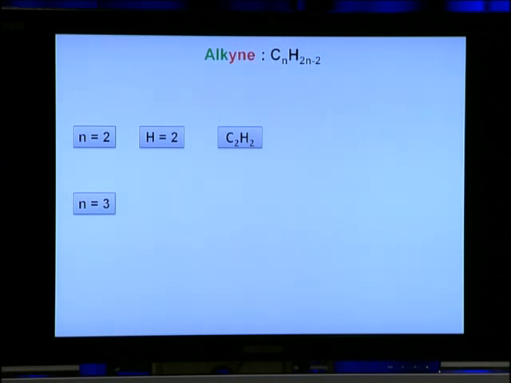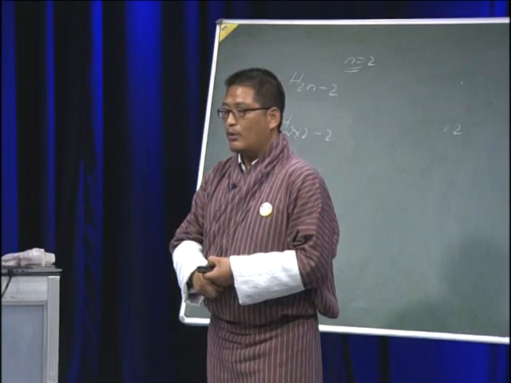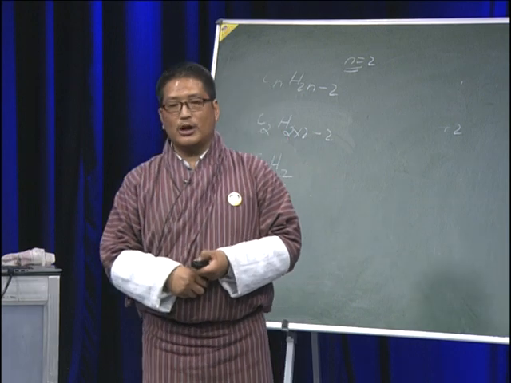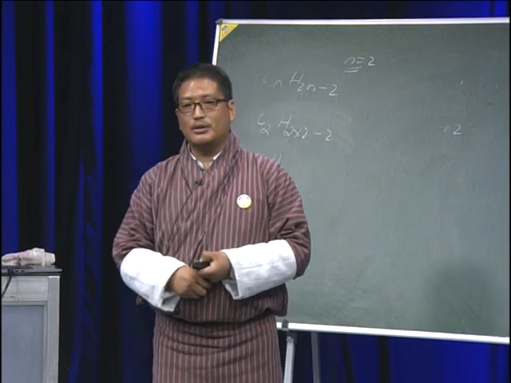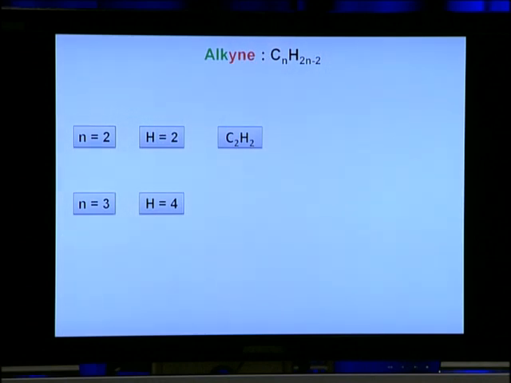When n is equal to 3, following the similar pattern, using the same general formula CnH2n minus 2, H should be equal to 3 times 2, which is 6, minus 2, equal to 4. And this is the formula of this compound. The next member of alkyne is C3H4.